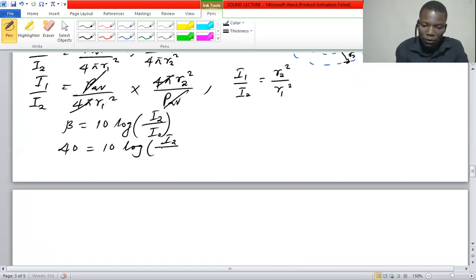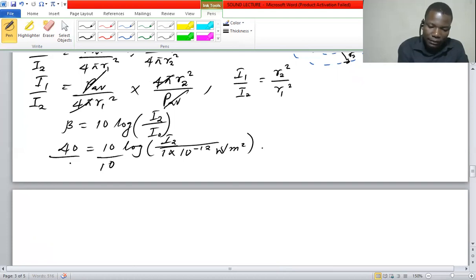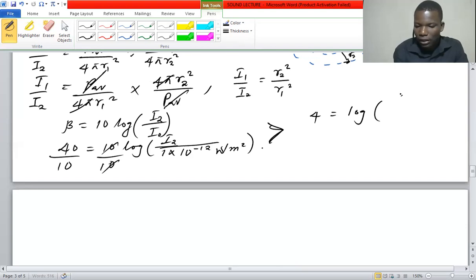And then the threshold of hearing, we know that is 1 times 10 to the power -12 watts per square meter. Okay, so we divide both sides by 10. Okay, and then right here, we're going to have 4 equal to log of I2 over 1 times 10 to the power -12 watts per square meter.